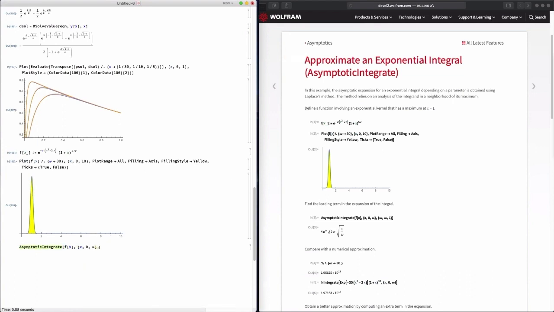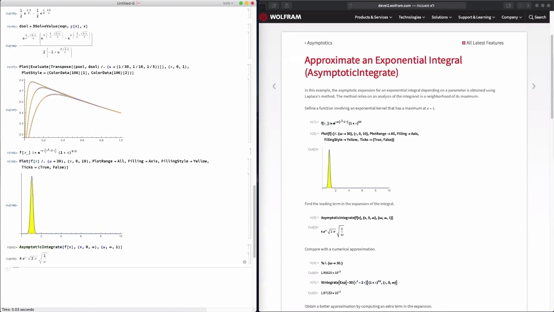So we want the area underneath the whole positive reals, and we're going to expand where our parameter is very large, so it's strongly peaked, and we're going to ask for one term in that expansion.